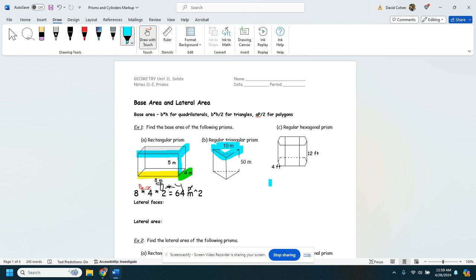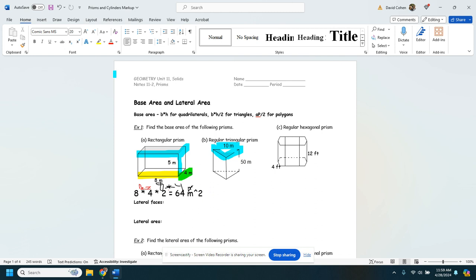Without going too much into special right triangles, recall that we have 10 times square root of 3, and that's because of the base being split in half, 5, and that's square root 3, and all of that needs to be multiplied by the length of the base, so that full base actually is 10, so times 10.